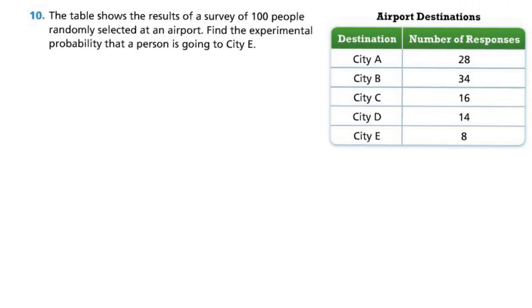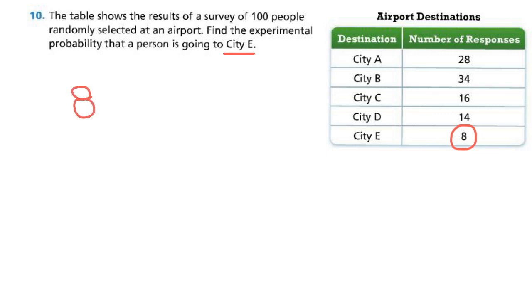Question 10. The table shows the results of a survey of 100 people randomly selected at an airport. Find the experimental probability that a person is going to city E. Since we are looking for the experimental probability, we want to look at our responses. So for city E, we had 8 responses.